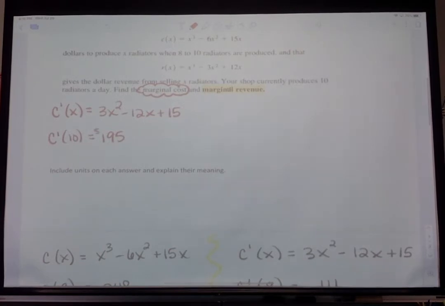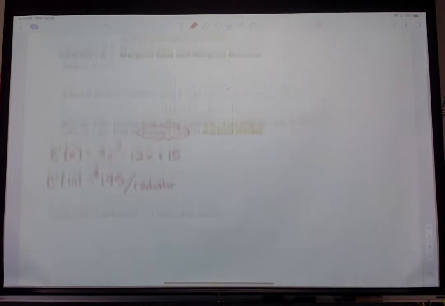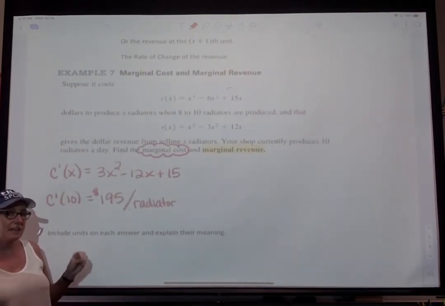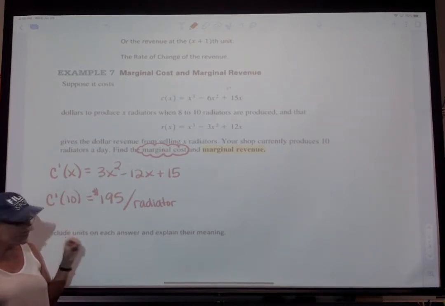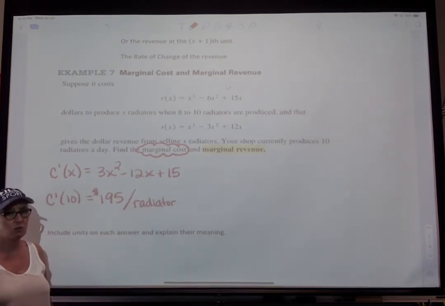So this is $195 per radiator. At making the 10th radiator, my cost was increasing $195 per radiator right then.